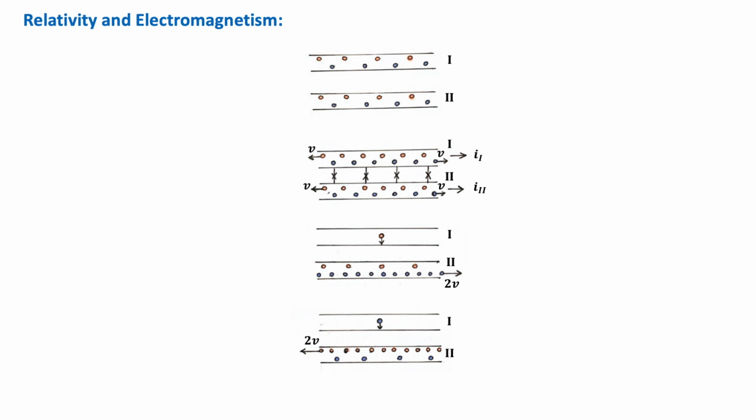So now let's consider the situation relative to a frame of reference attached to one of the positive charges in conductor 1. So according to this frame, the positive charges are now at rest in conductor 2, and the negative charges are moving to the left with a speed of 2v, okay?